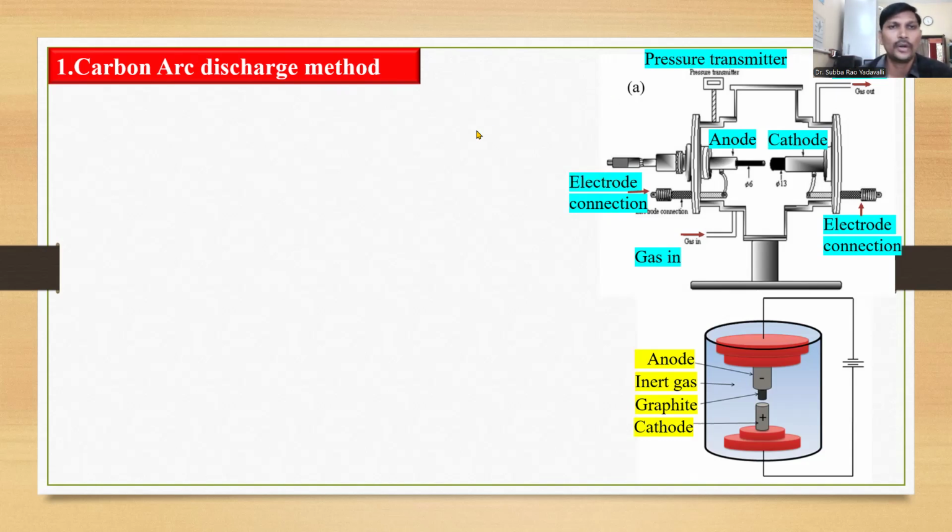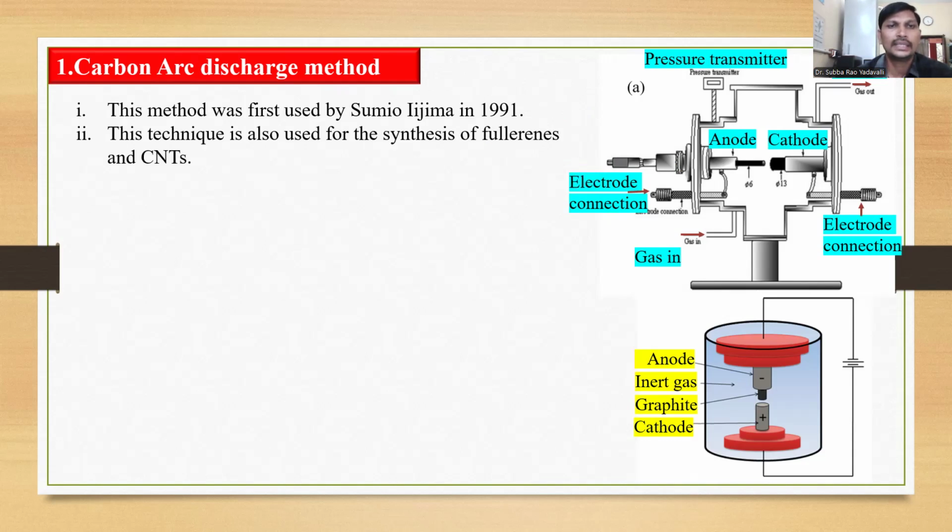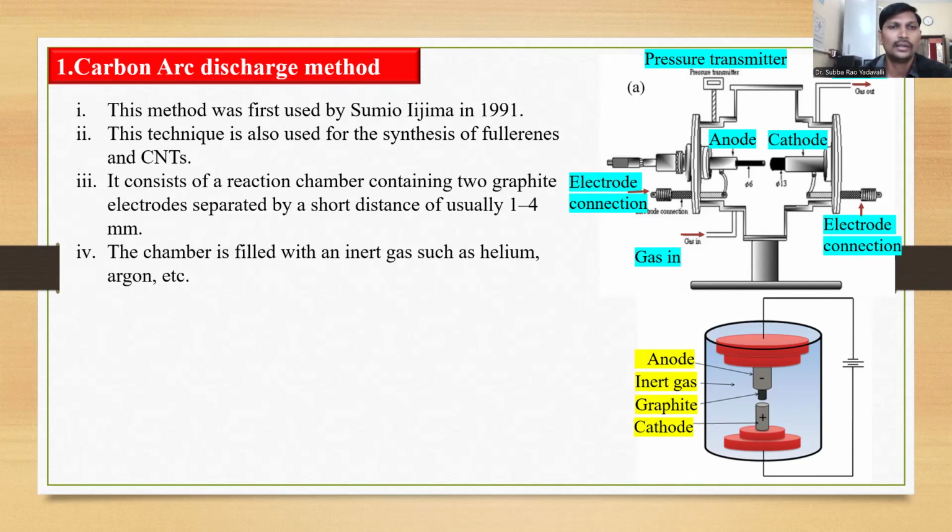Now coming to the key points, this experiment was conducted by Sumio Iijima in 1991. This technique is also used for the synthesis of fullerenes as well as carbon nanotubes. It consists of a reaction chamber containing two graphite electrodes separated by a short distance, usually 1 to 4 millimeters.